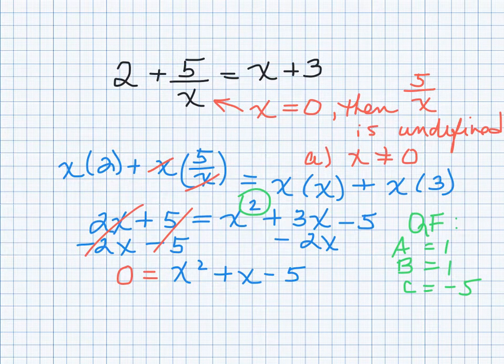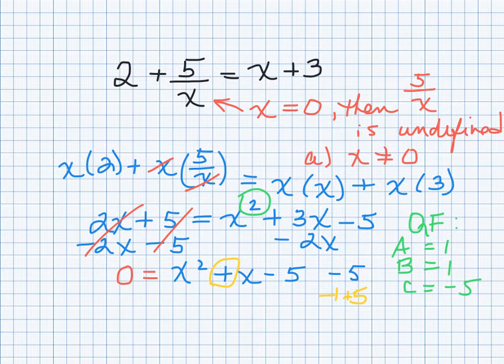But the way that the key shows to do it, and it's okay to do it this way because I think a lot of you probably would realize that the numbers here, your product is going to be 1 times -5, which is -5, and you need a positive 1 for your middle term. So you're going to take that negative 5, and the only factors of 5 are 1 and 5. And in order to get a positive 1, then your 5 has got to be the positive, and your 1 has got to be negative.